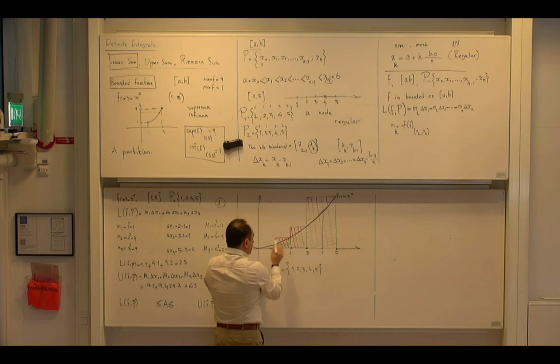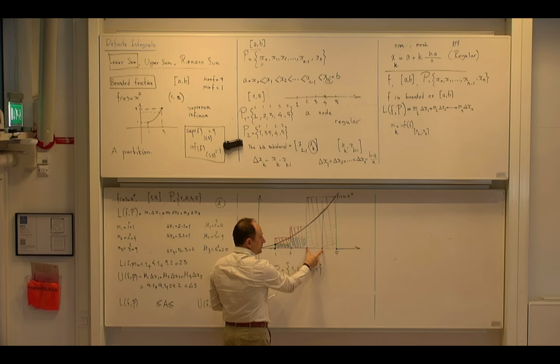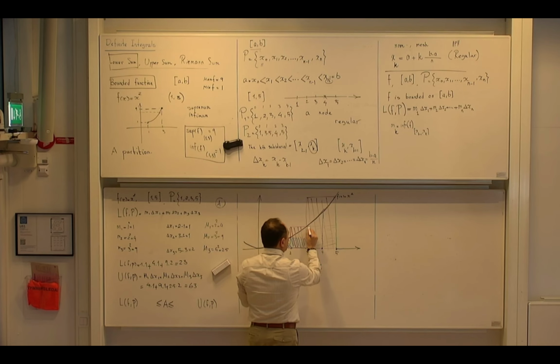Let us concentrate on the green ones, which are the lower sums. The green one will now become a blue one here, because nothing changed there. This green one also becomes a blue one here. Nothing has changed here. But this one will change. Can you tell me how it will change? On this one, I have this length multiplied by my minimum. The minimum is this much. So if I complete that rectangle, it will be this.